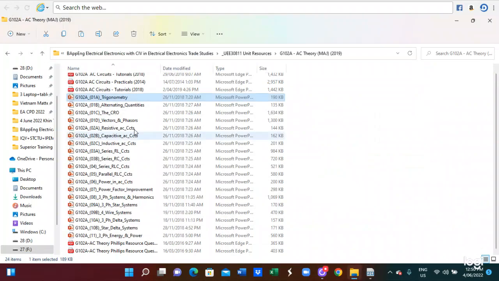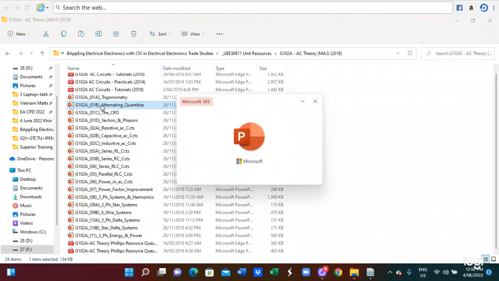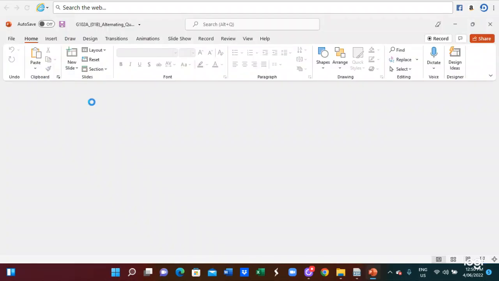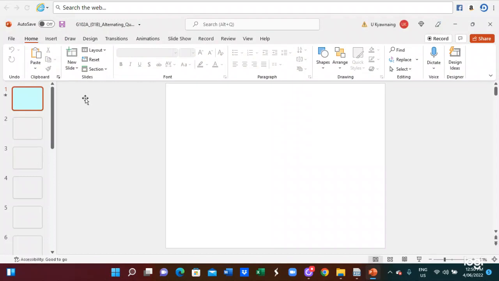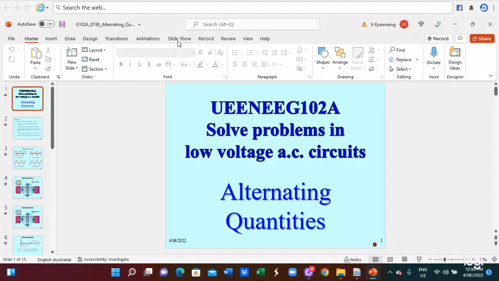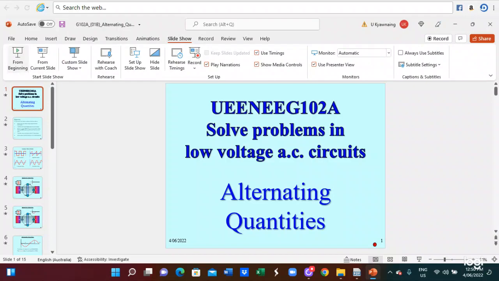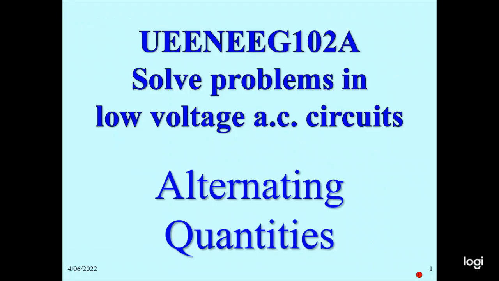Then we also talk about alternating current quantities, AC quantity. So the problem in low voltage AC circuit, alternating current quantity.